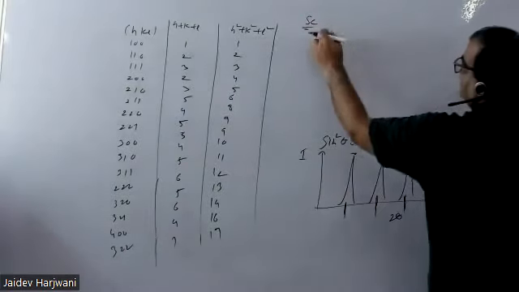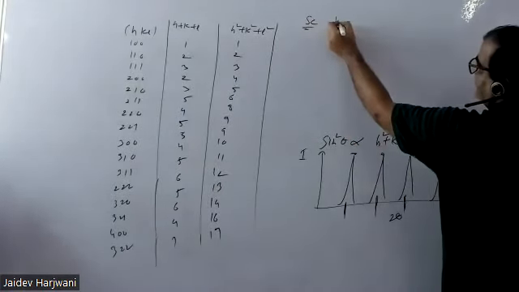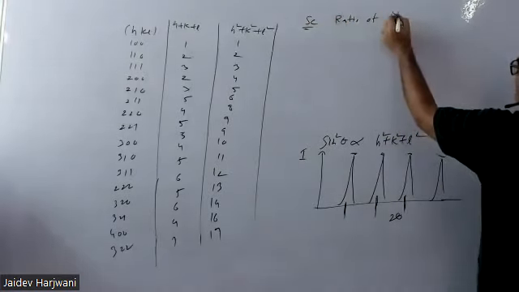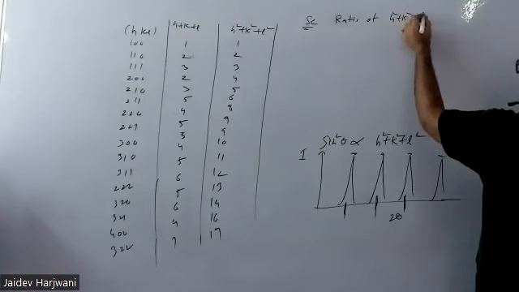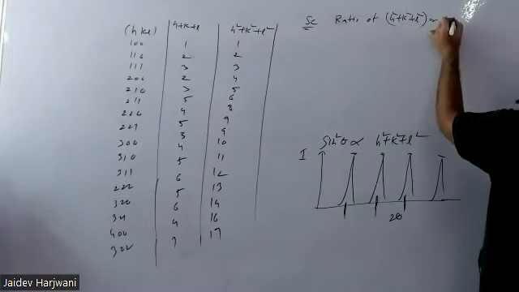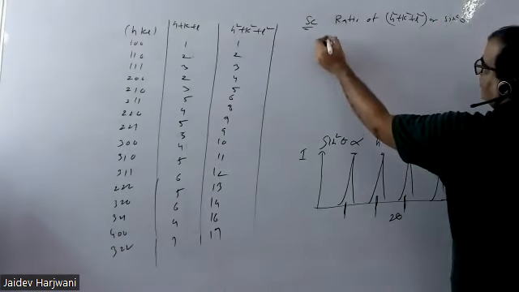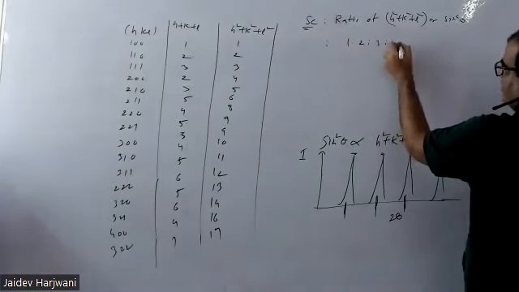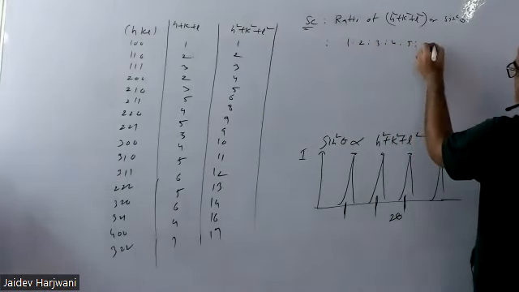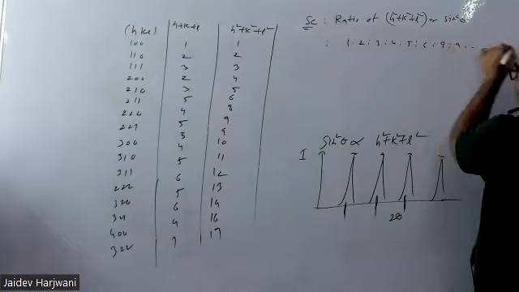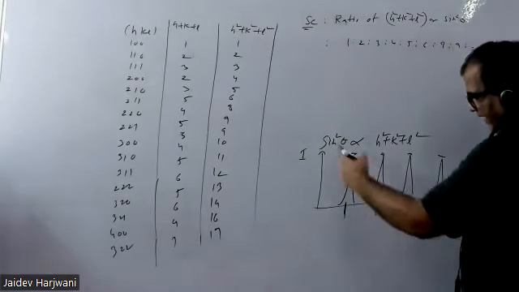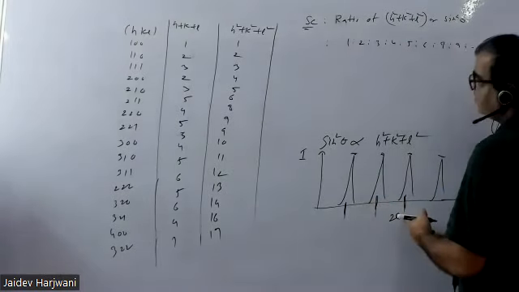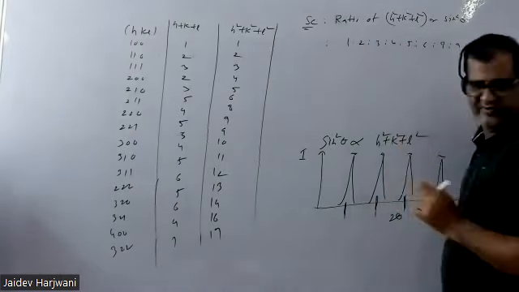So if I take the ratio of h square plus k square plus l square, or sin square theta, for simple cubic, the ratio will come out 1 is to 2 is to 3 is to 4 is to 5 is to 6 is to 8 is to 9, and so on. Now you have an X-ray diffraction pattern, and you know the theta values. You take the ratios of these theta values. If this matches with this one, then your system will be simple cubic.